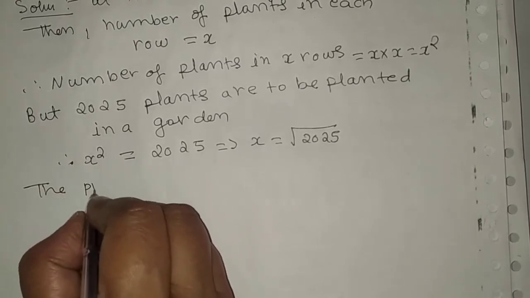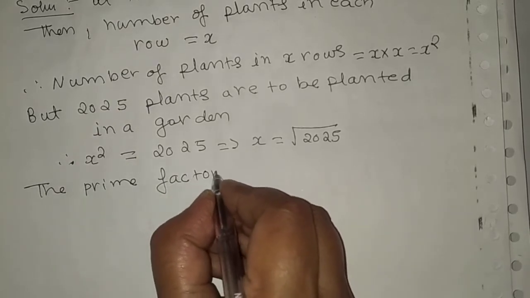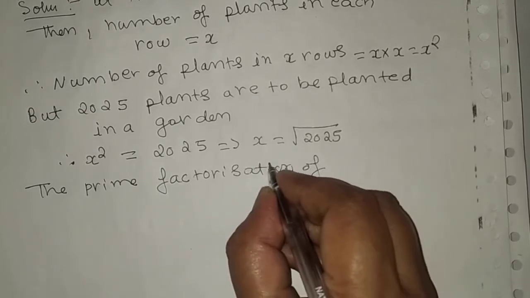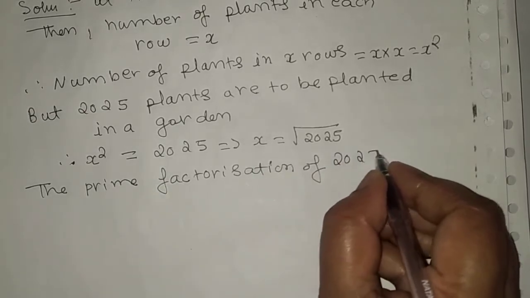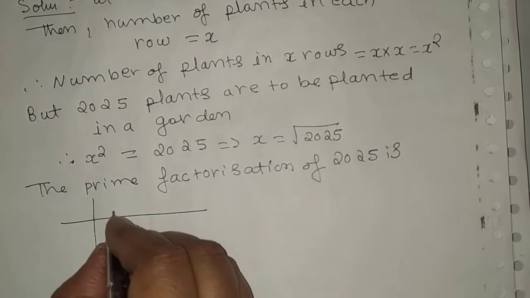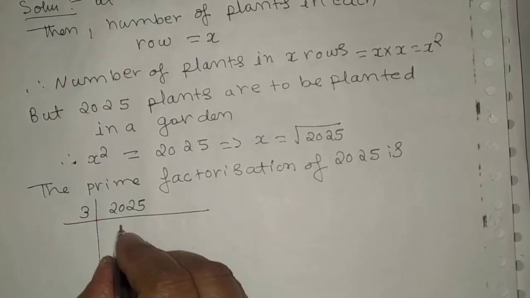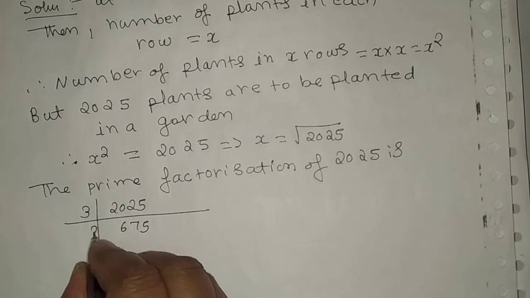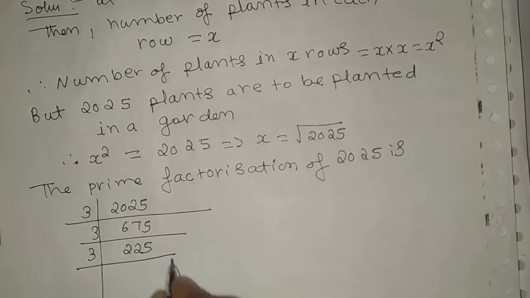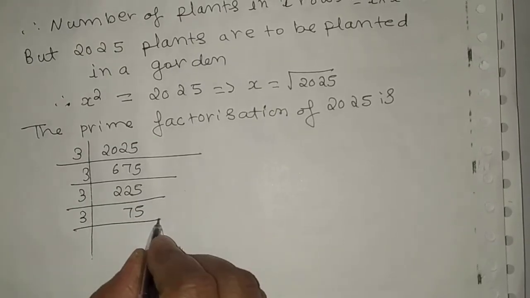Now the prime factorization of 2025 is, so we'll factorize this number and we'll see. 2025, factorize, 3 we'll take, this is 675, again 3 is 225, again we'll take 3, then 75 is again 3 we'll take.